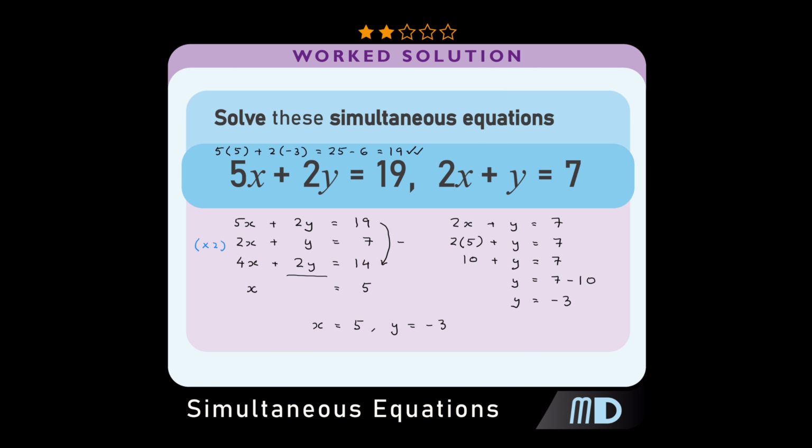And substituting into the second equation, we get 2 multiplied by 5 plus minus 3, which is 10 minus 3, giving us the answer 7. So both equations balance perfectly. That means we can be confident that our values of x and y are correct.